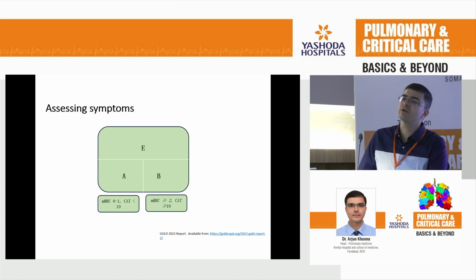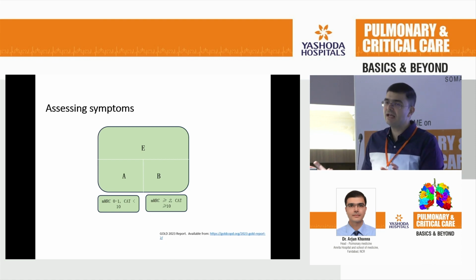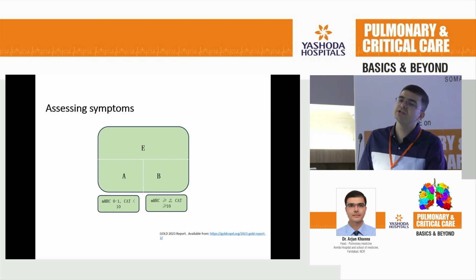The FEV1 values are going to be above 50%. Between A and B, the difference is going to be the breathlessness. So if the MMRC is high or if the CAT is high, but the FEV1 values are okay, the patient is B. If the CAT score is low, if the MMRC is low, the FEV1 values are okay, the patient is A. However, if the patient is breathless, the patient is having more than 2 exacerbations in a year, and if the patient is having any exacerbation which is landing them into the hospital, you need to label the patient as COPD E, and this is a patient who is an exacerbator phenotype of COPD.